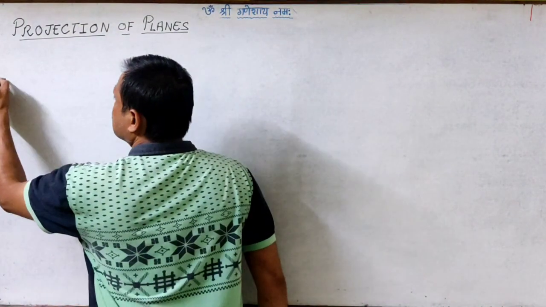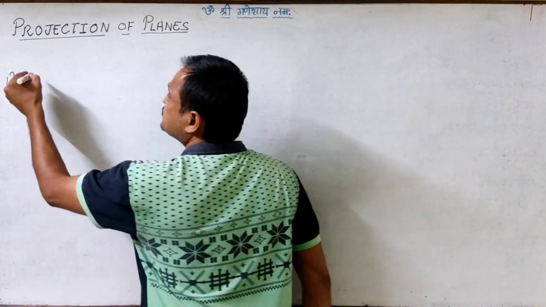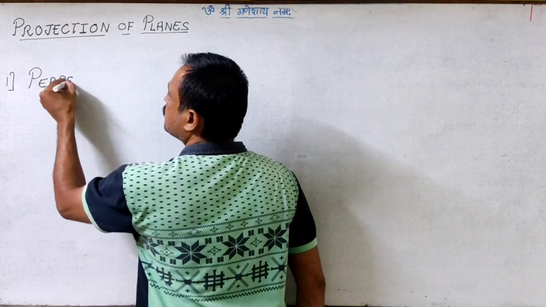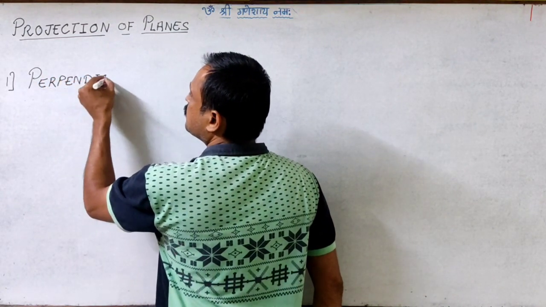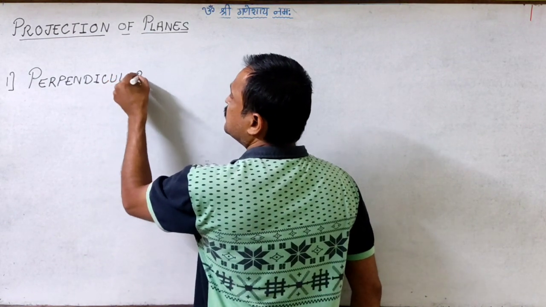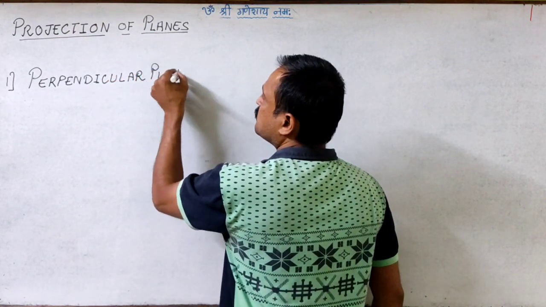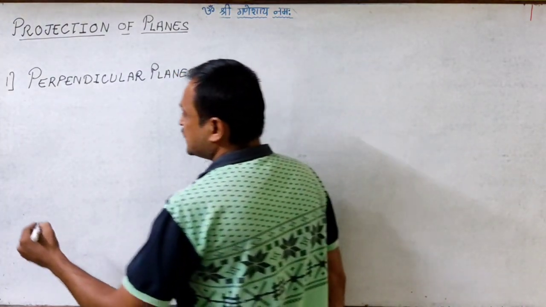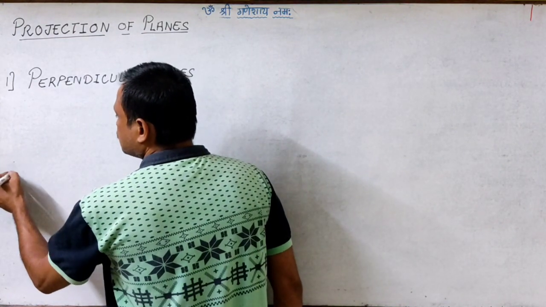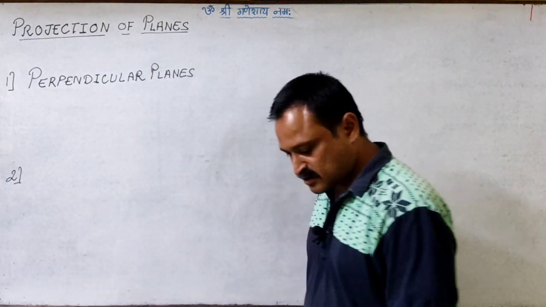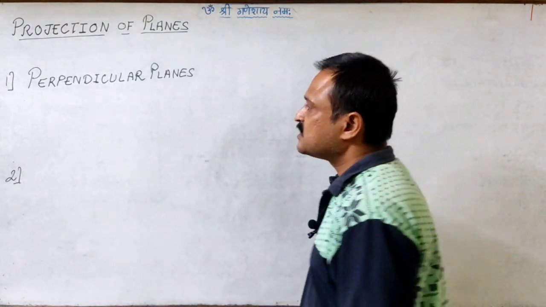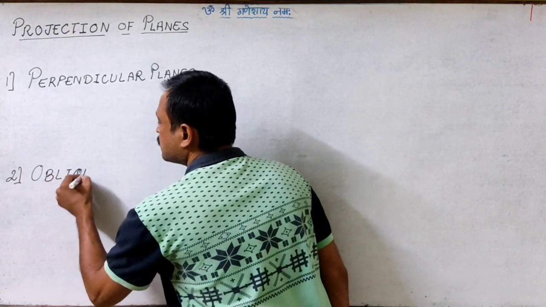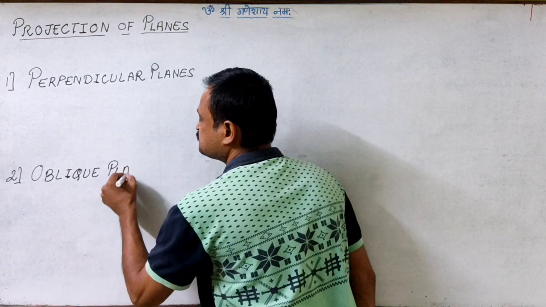The first condition we call the perpendicular planes. The second condition of planes, or their placement in the quadrant, is called the oblique planes.